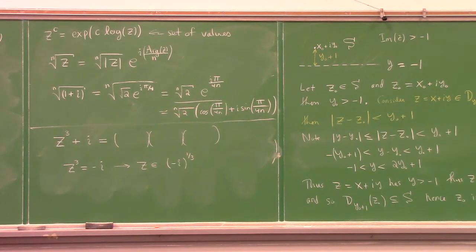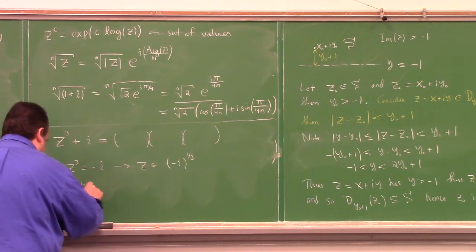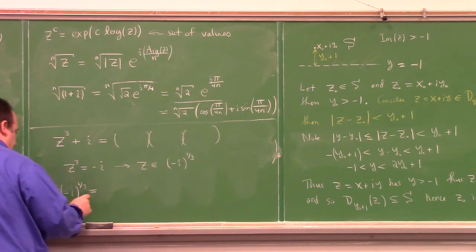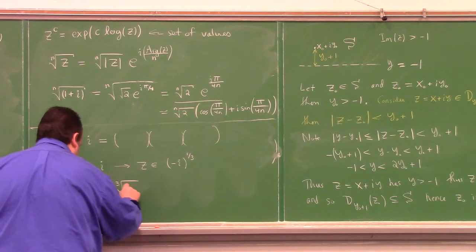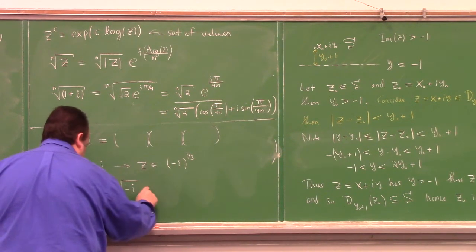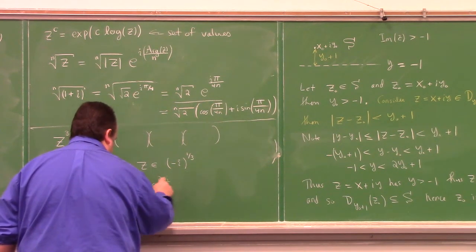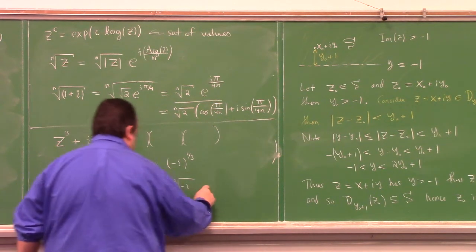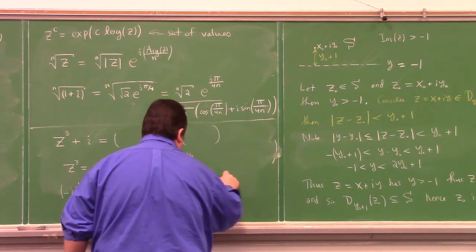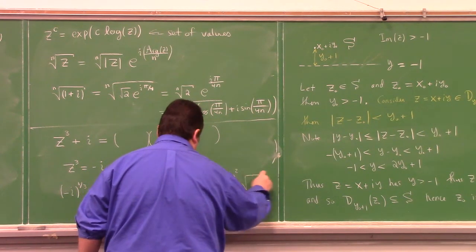And what is that? Minus I to the 1/3, remember, is a set of values. The first would be the principal third root of minus I, and then we do e to the 2 pi I over 3 times that, and then e to the 2 pi I over 3 squared times that.